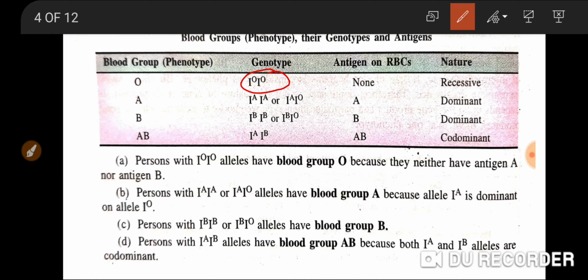In that case, neither the A antigen nor the B antigen will be present on the plasma membrane of RBCs, and such individuals will have the blood group O. So this is a case of the recessive condition, that is IO is the recessive allele, and when they are present in the homozygous condition, the blood group is O.